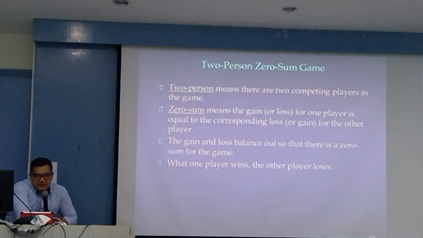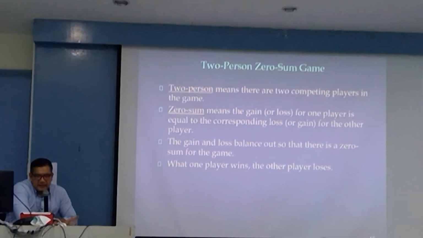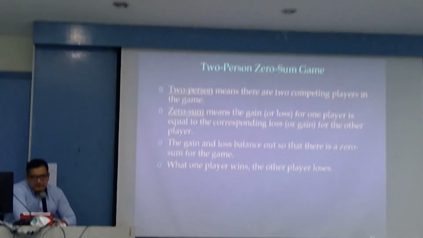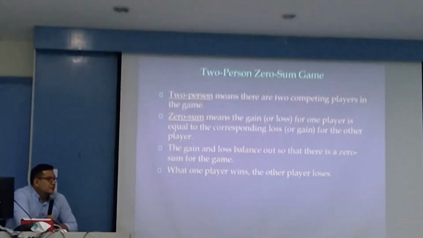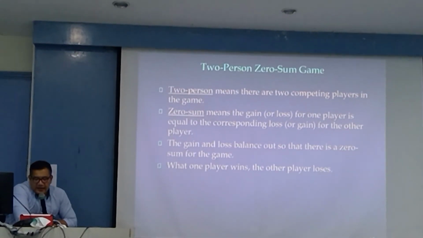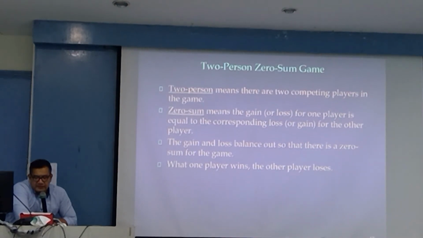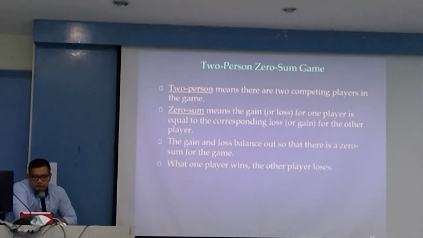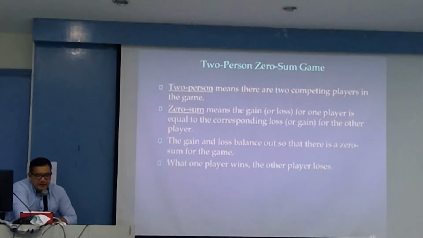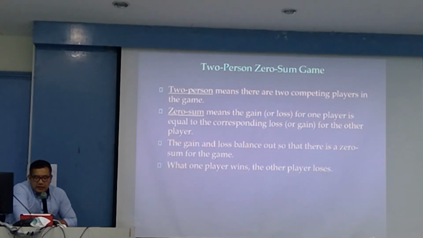What we do here is about two persons, and we call it a zero-sum game, because the gain and loss are balanced. If one player wins, another player is going to lose. The zero-sum game means that we assume that we have just two players, and these two players are competing in the game together, in the same business, in the same market.